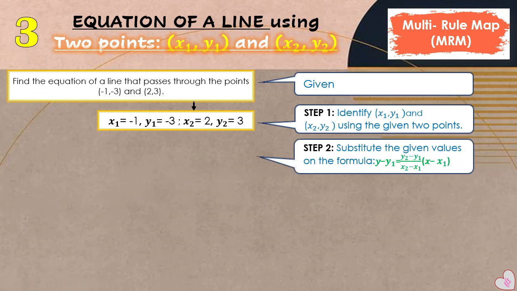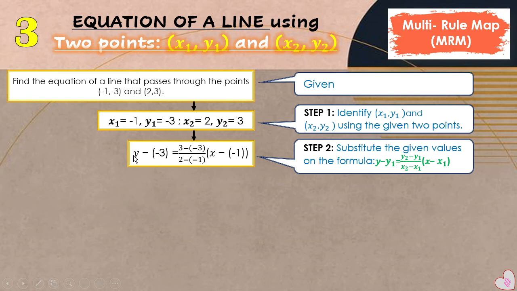Step 2, substitute to the given formula, y minus the value of y sub 1, which is negative 3, equals, for y sub 2, you have 3 minus the value of y sub 1, which is negative 3, all over x sub 2, which is 2 minus negative 1 x sub 1 times quantity x minus for the value of x sub 1, which is negative 1.